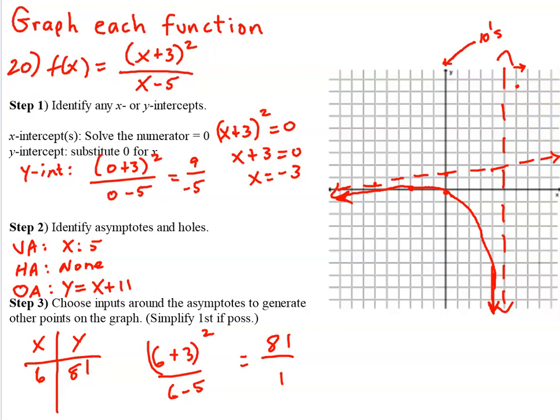And so once again, erase that. We could keep on going. Let's just go ahead and do one more. What if we input 7? So that would be 100 over 2, which is 50. 10 squared over 2, so 7.